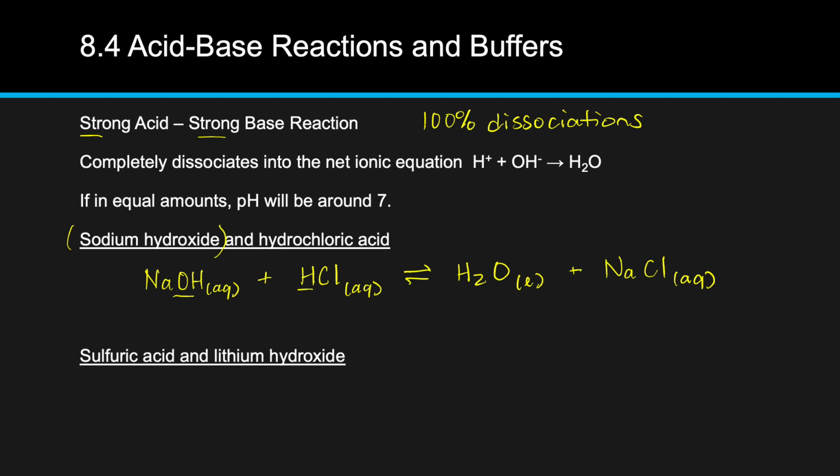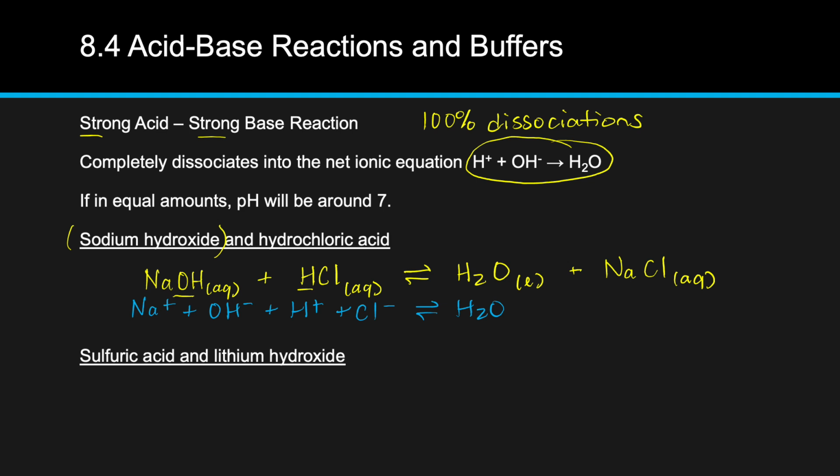So from here, if you want to see why all strong acid and strong base reactions make this net ionic equation, let's go ahead and write out the complete ionic equation. So we have Na plus OH minus plus H plus Cl minus reacts to form water. Remember, if it is not aqueous, it stays together. So this liquid stays whole.